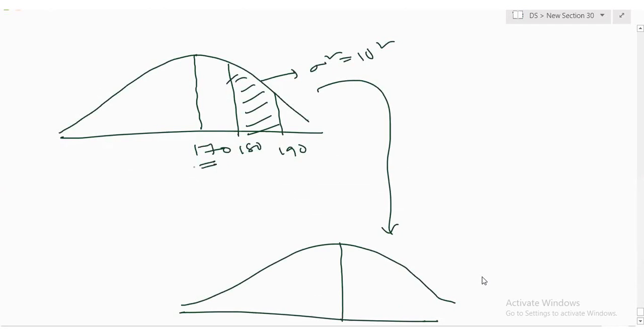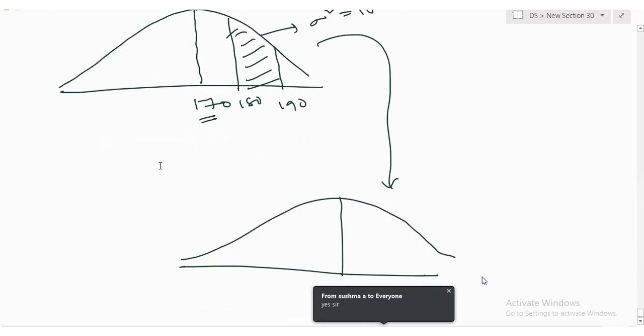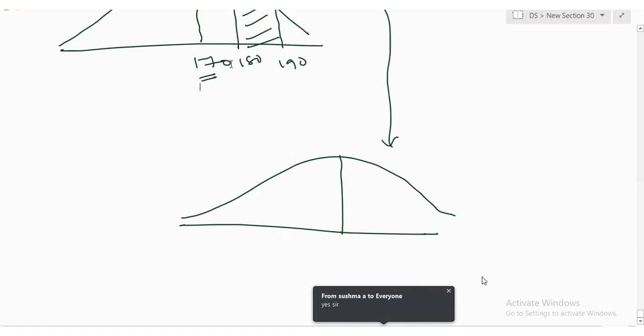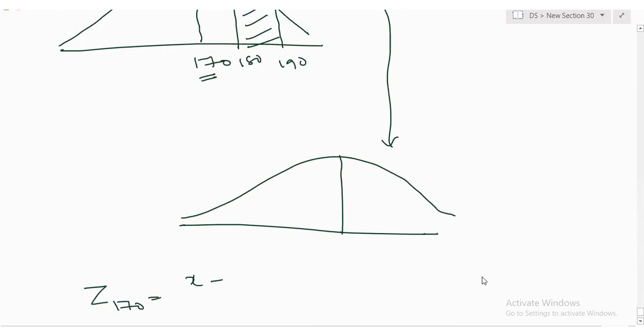let's find out all the corresponding Z values. What is the corresponding Z value for this? Z170 equivalent to X. What is the Z formula? ZX equal to X minus mu by sigma.